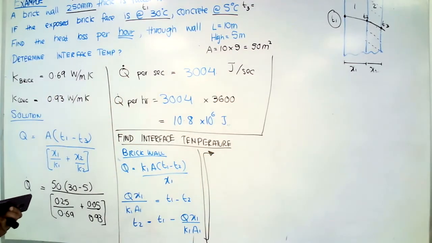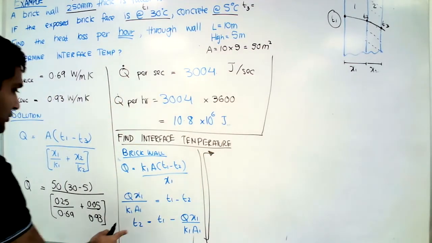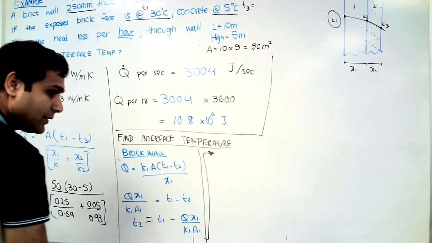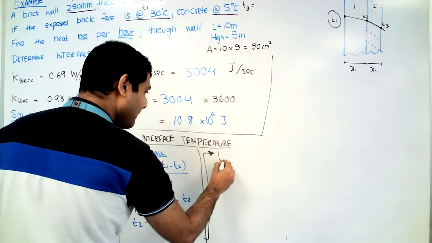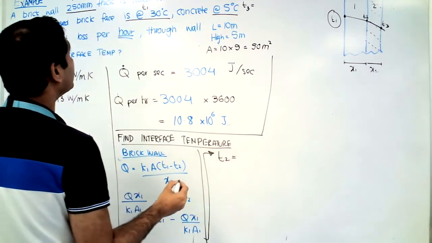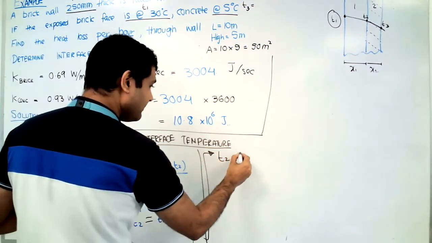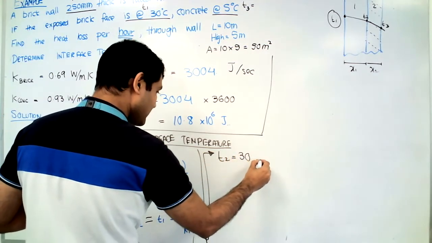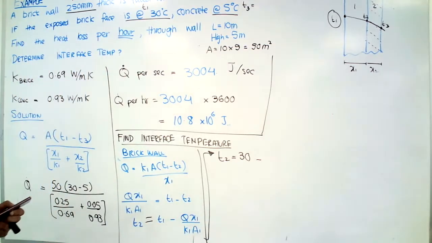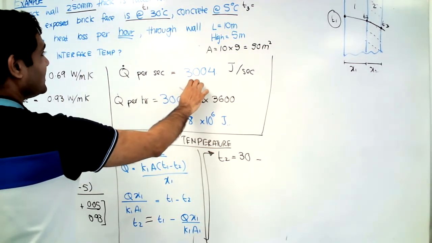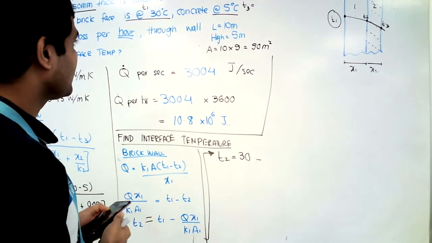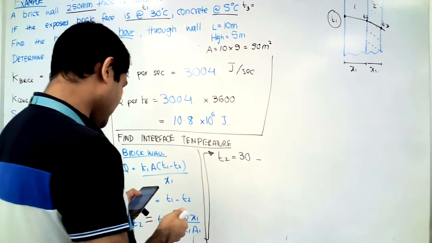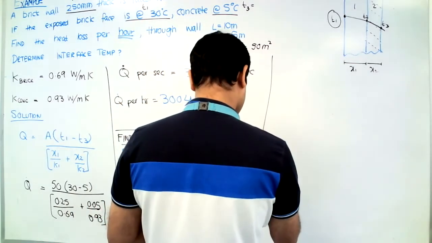Now once you got that bit, just put the values. So T2 equals T1, which is 30 degrees, minus the Q1. For the Q1, this is the heat we are going to use, 3,000 per second.